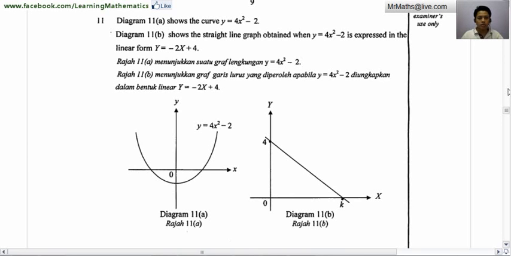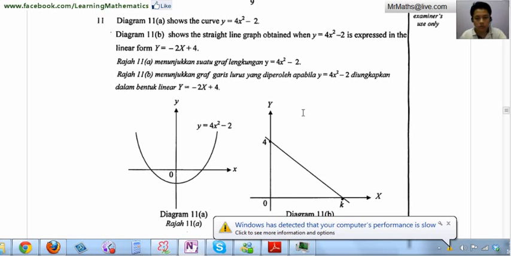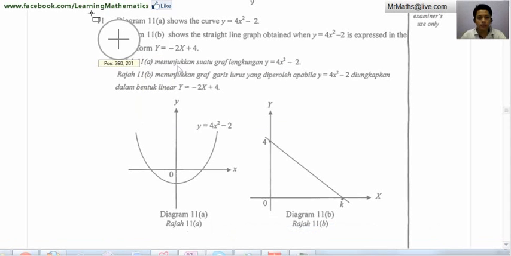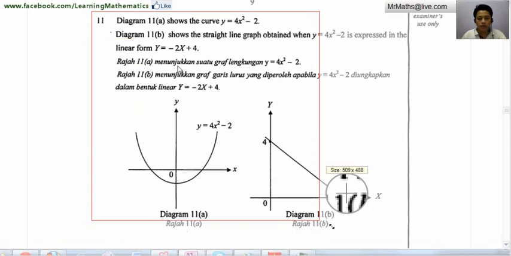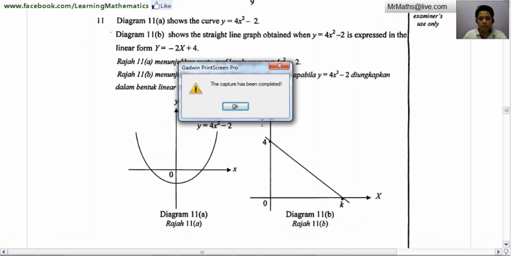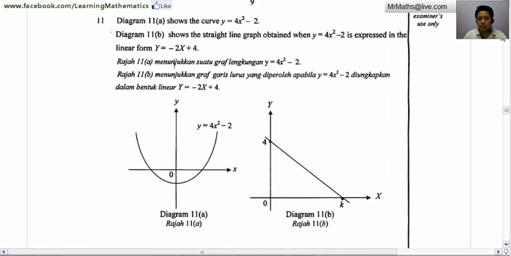Let me just move this to a different paper. Okay, so this is the one. Move it here.